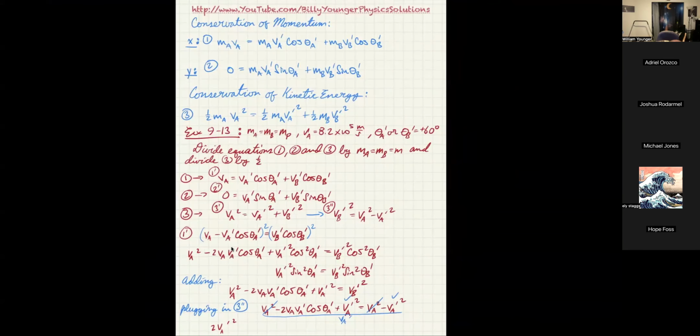So now pulling it to the other side, I get 2 VA prime squared, and that's before I divided by VA prime, so that's why you're seeing that VA prime squared. Now I get 2 VA VA prime cosine theta A prime. But now you can get rid of the extra VA prime, and that gives you 2 VA.